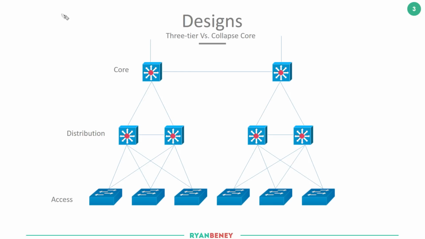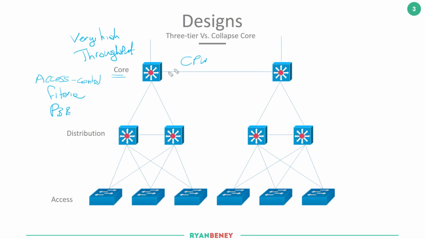The core is primarily there for one reason only, and that is very high throughput. What we don't want to be doing here is any access control, so any security or any filtering or any policy-based routing, anything that would affect the CPU or overall capability of these core devices.